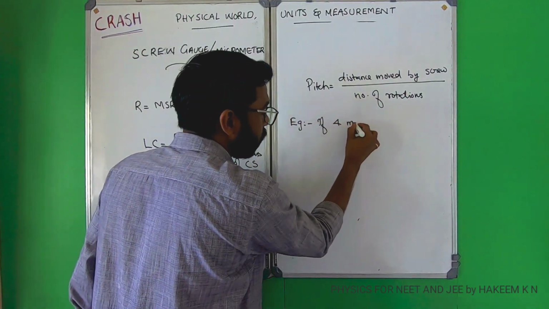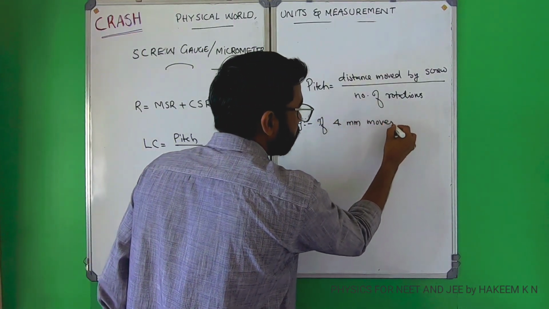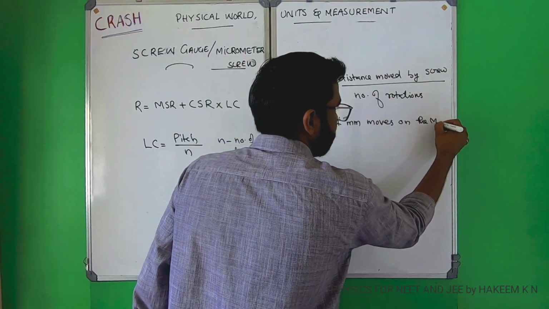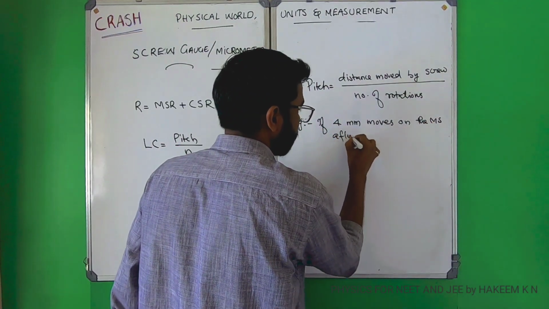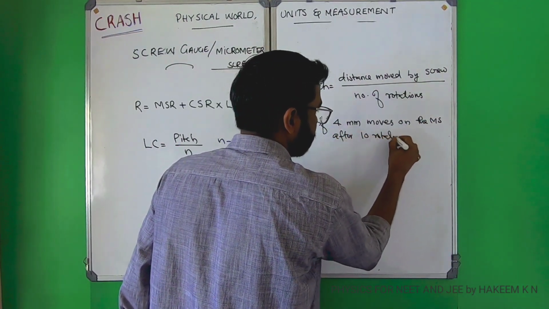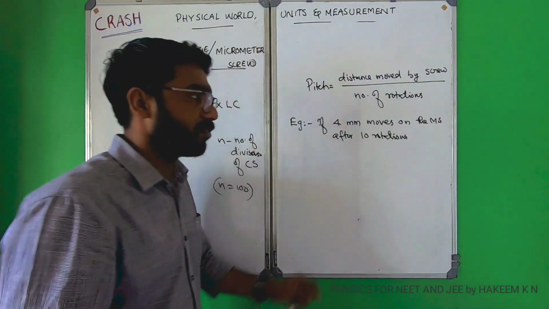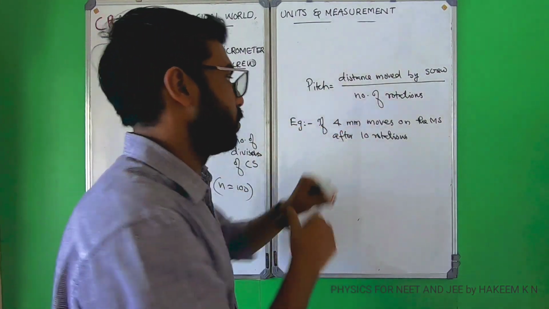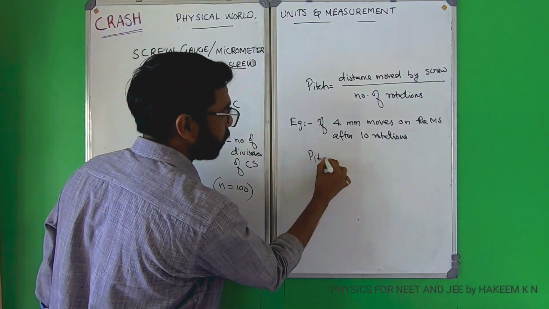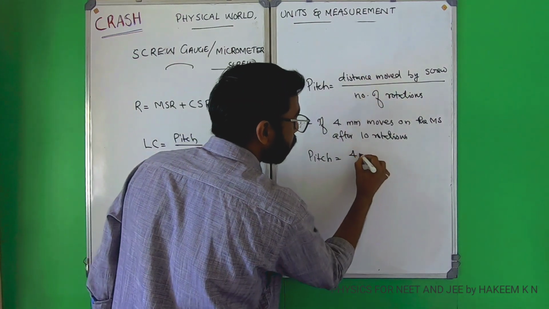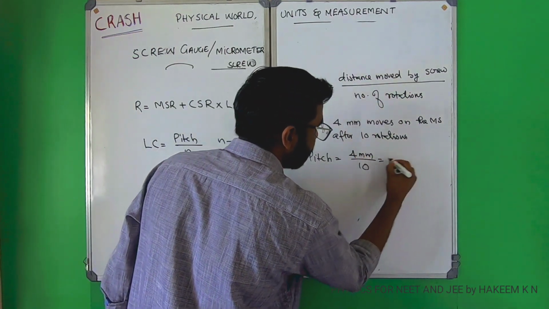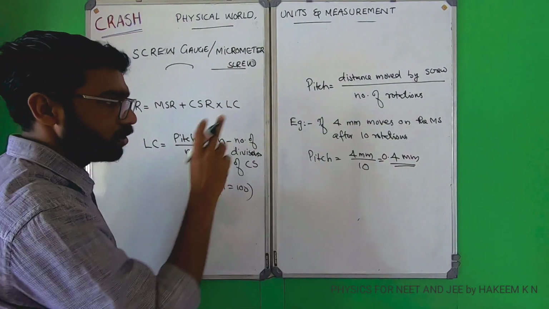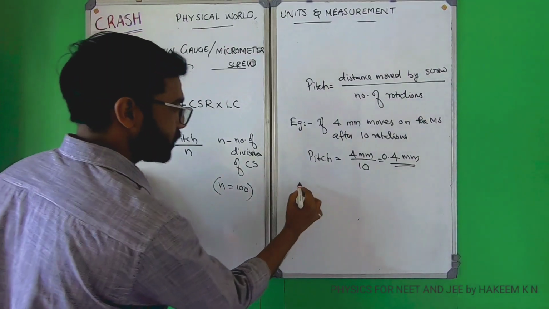If 4 millimeter moves on the main scale after 10 rotations, this is as an example, then pitch equal to 4 millimeter by 10, it is 0.4 millimeter.